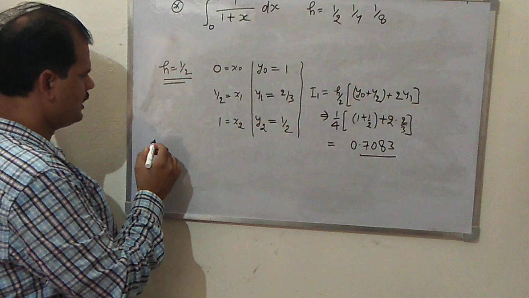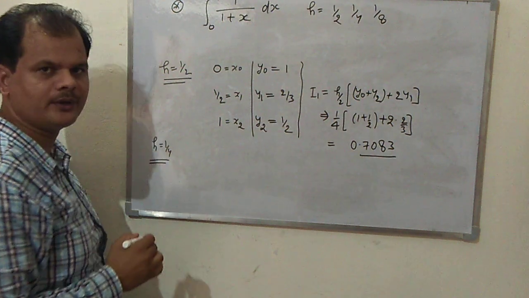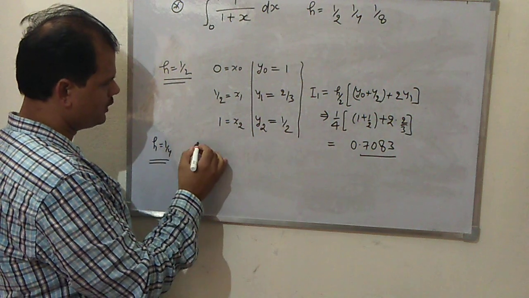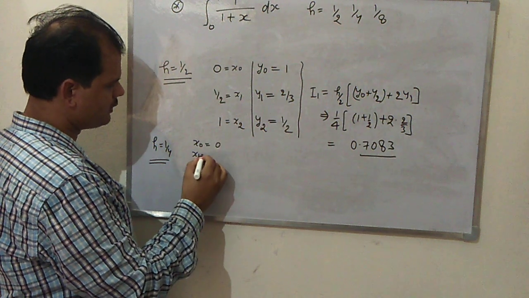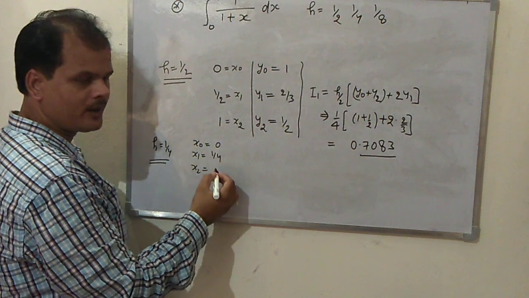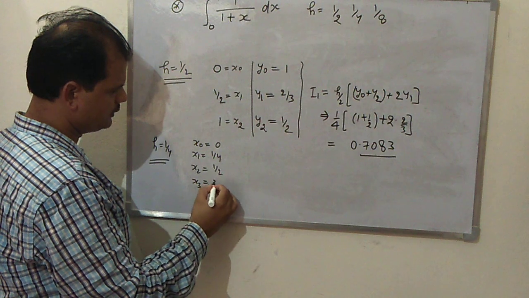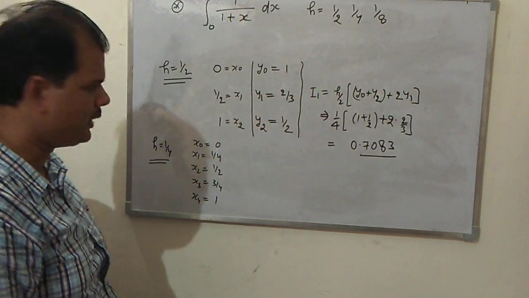This is your I1. Now if you take h equal to 1 by 4, let us try to find I2. So h equal to 1 by 4, so the data points will be x0 equal to 0, x1 equal to 1 by 4, x2 equal to 2 by 4, that is 1 by 2, x3 equal to 3 by 4, and x4 equal to 1.